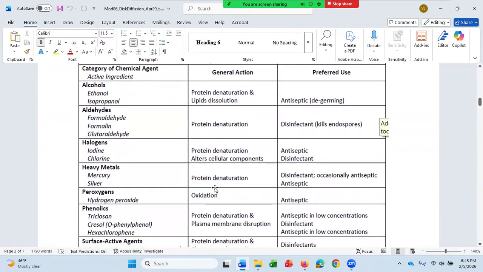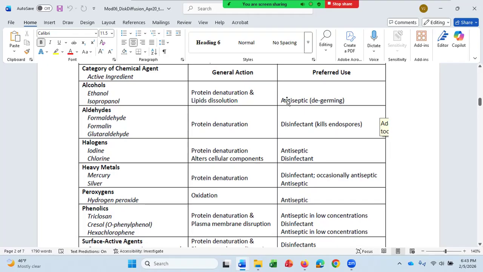Table 6.1 is listing the different chemical agents, like alcohols, ethanol, isopropanol, and their general action. They are weak: protein denaturation and lipid dissolution, killing cells either by dissolving the cell membrane or denaturing proteins. We tend to use them as a degerming agent because they are weak disinfectants or antiseptics.